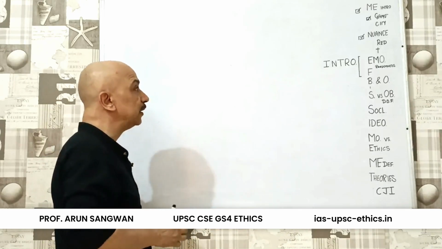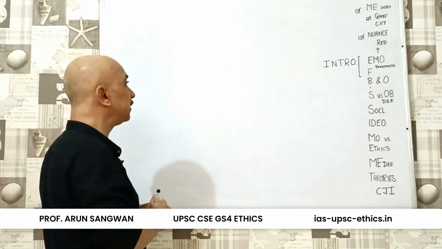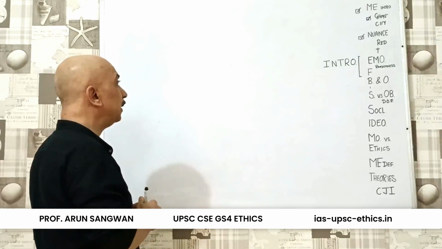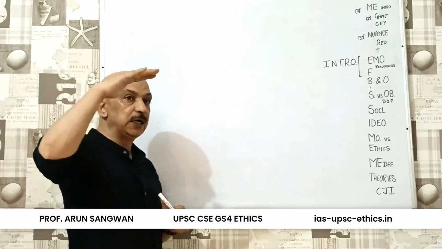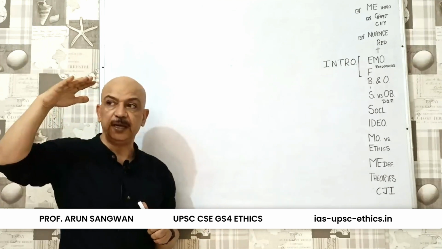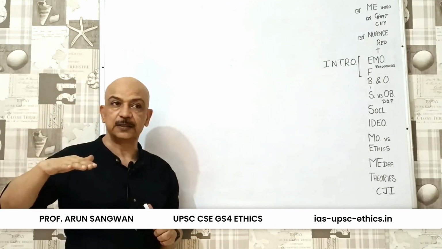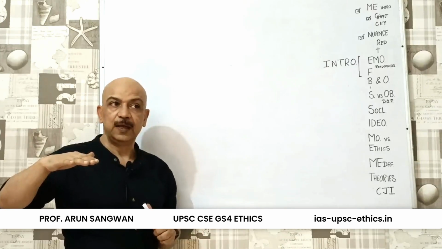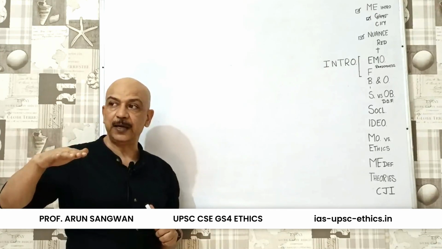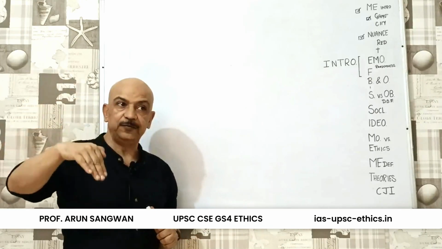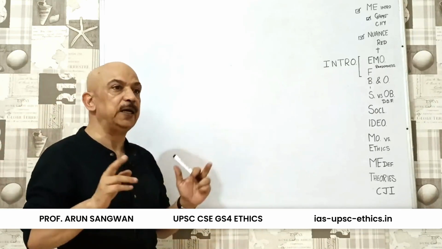Okay, let's start. So the first thing I told you, it is about a bird's eye view of the entire project of ethics. Part number one. And then it is followed by a deep dive into the entire project of ethics. That means we're doing two things.